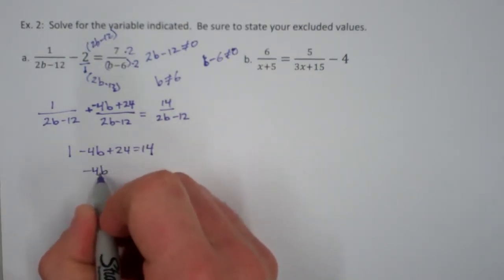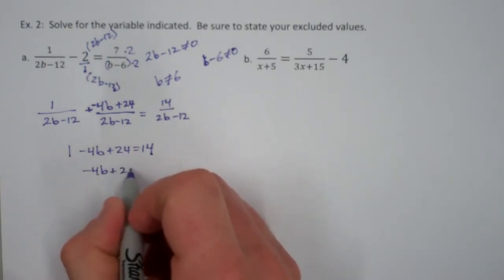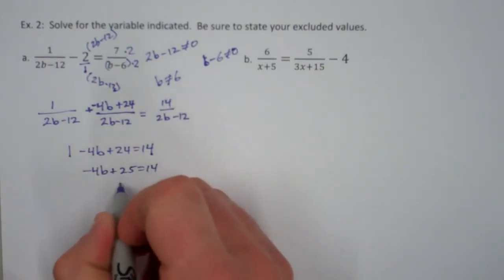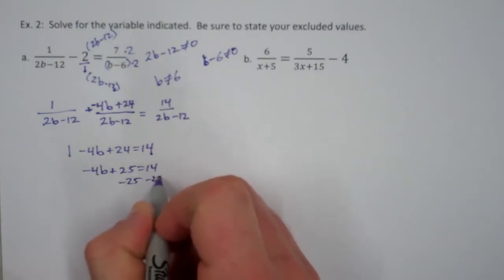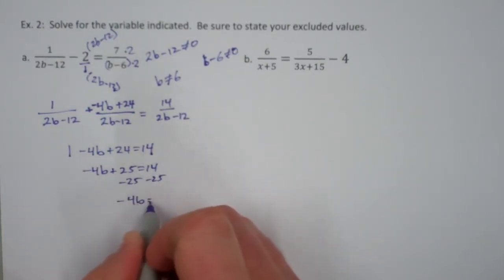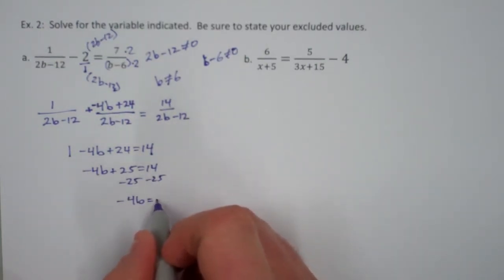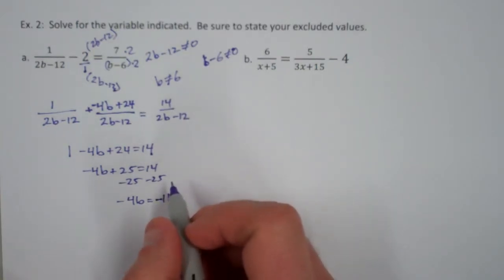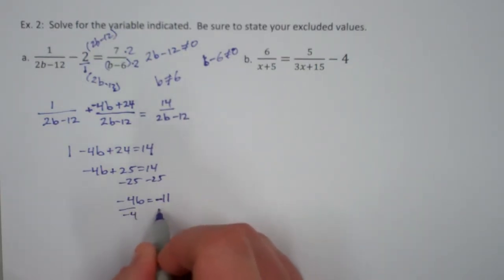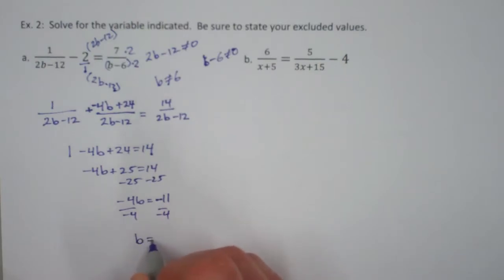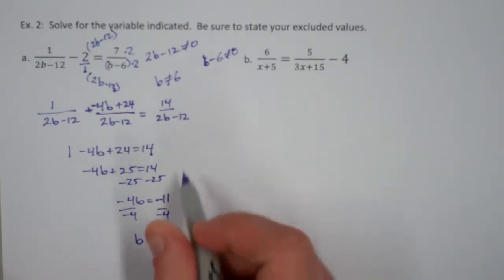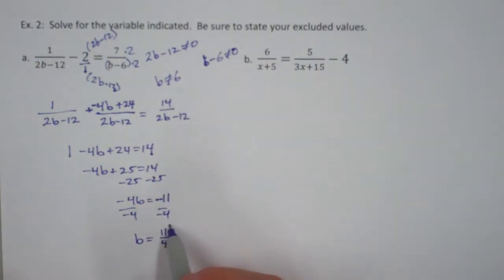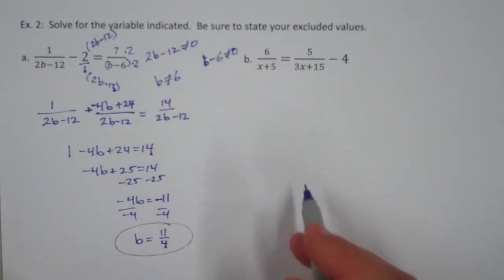We'll solve this one first by combining the 1 and the 24 to be 25. We'll subtract 25 now. Negative 4b is equal to, I think, negative 11. We'll divide by negative 4, and b will be 11 over 4. Notice that's not 6, and so we're okay with this.